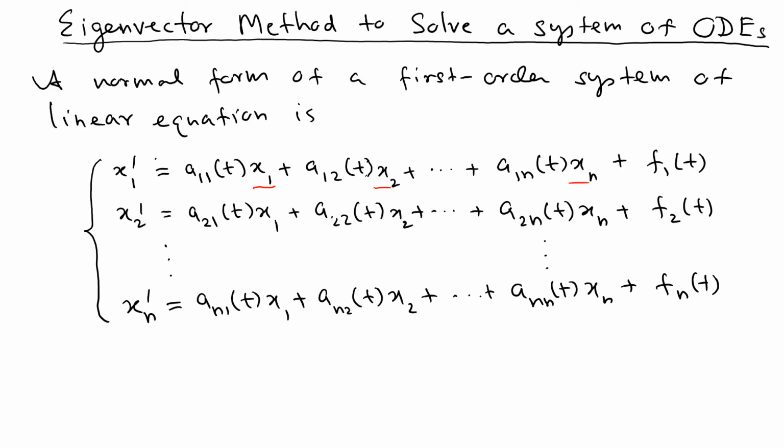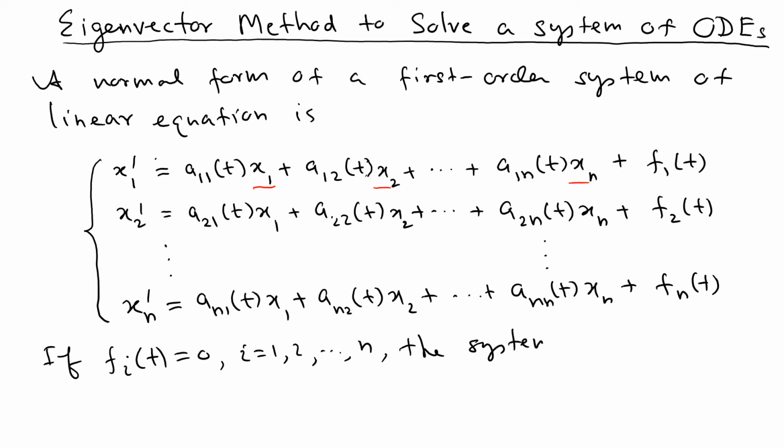And then the special case: if fi(t) equals 0 for all i going from 1 all the way up to n, we call the system a homogeneous system.